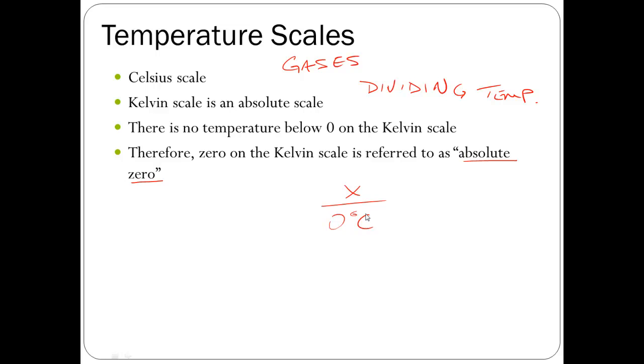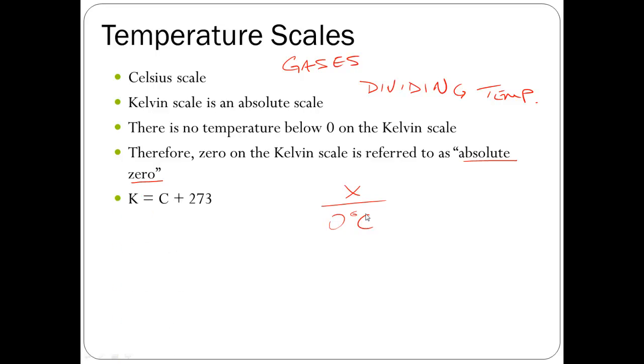And I'm sure your math teachers have instilled into your head at this point that dividing by 0 will make the universe explode. Not really, but converting to the Kelvin scale helps alleviate that. Since there's nothing below 0, there are also no negative numbers on the Kelvin scale.